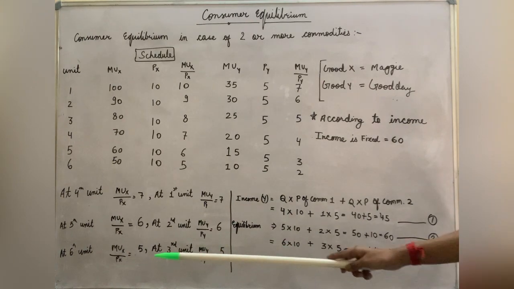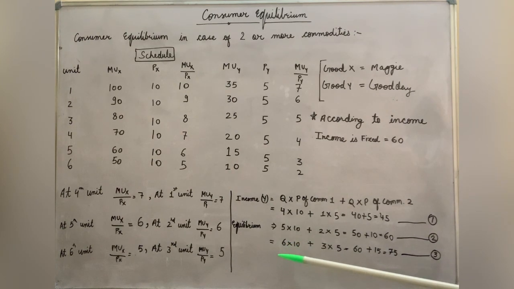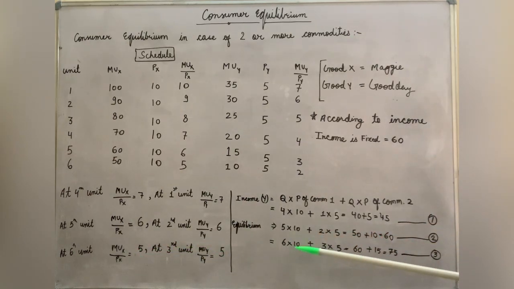We can also find out what is happening at 6 units: our spending is more. At the 6th unit we are spending more money, as 6 units of Maggi at the price of 10 is 60, and 3 units of Good Day at the price of 5 is 15. So we are spending 75 on 2 commodities, but our income is fixed at 60.